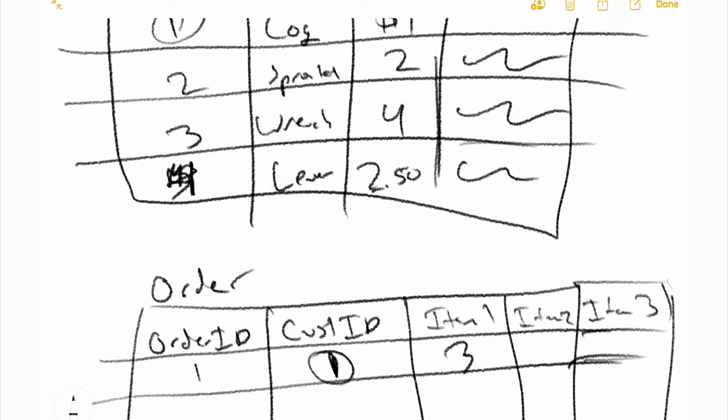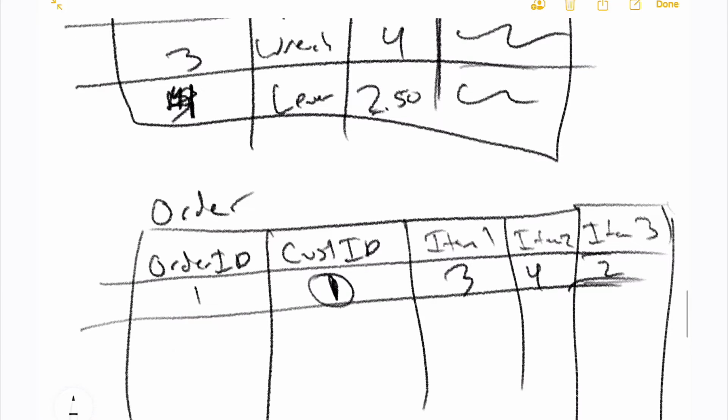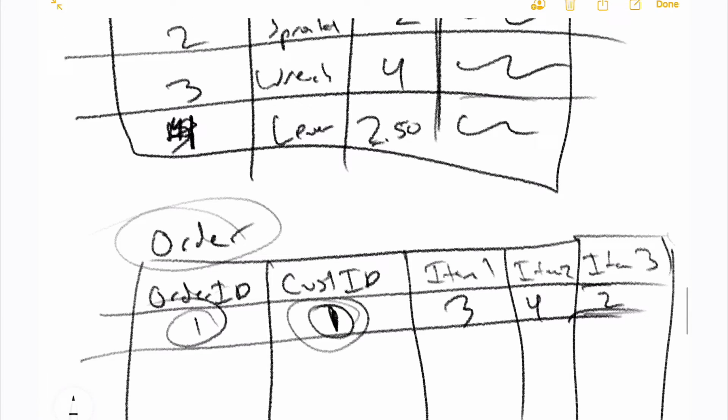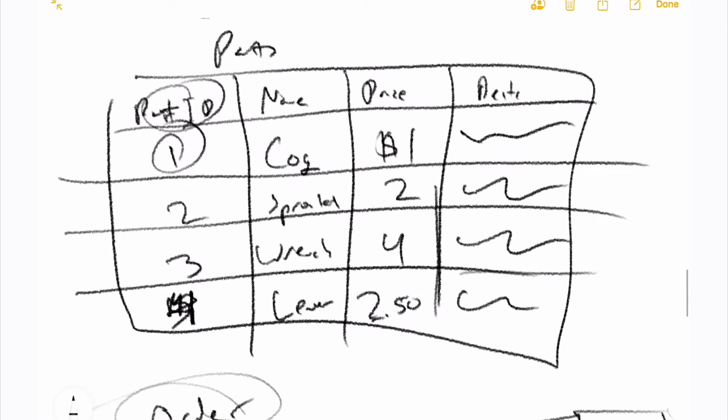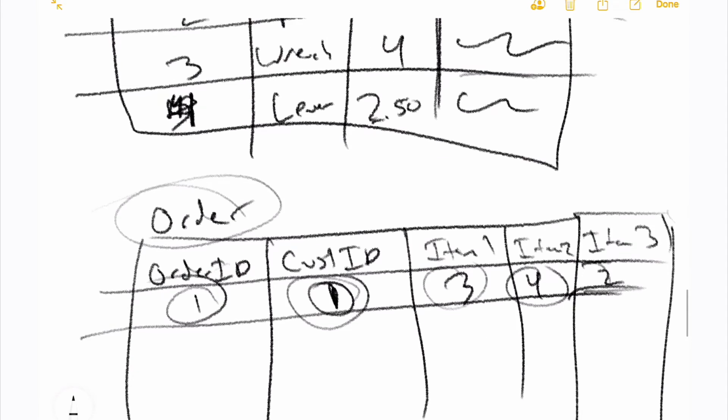The second thing Sue ordered was a 4. And the third thing that Sue ordered was a 2. And so basically what this is saying is for order number 1, customer Sue purchased a wrench, a lever, and a sprocket.